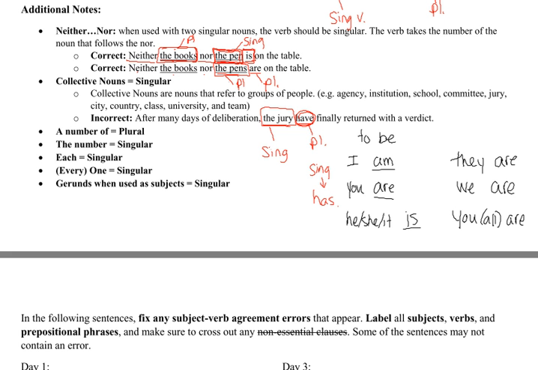For to have, the conjugation is I have, you have, he, she, it has, we have, they have. So it's have in every case except for that he, she, it, singular.